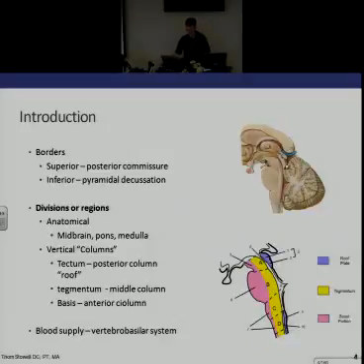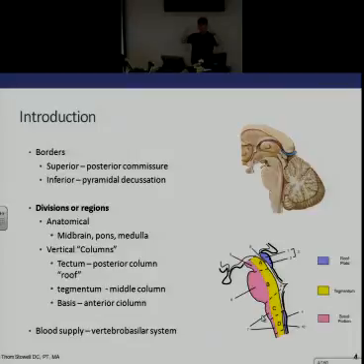The divisions, as we said, midbrain, pons, medulla. Everybody's known that since ninth grade anatomy class. But the vertical piece, maybe not quite as much media attention. When you look at the brainstem, sometimes it's divided up into this terminology known as tectum, tegmentum, and basis. And for lack of a better word, it's really just posterior, middle, and anterior columns of this brainstem.